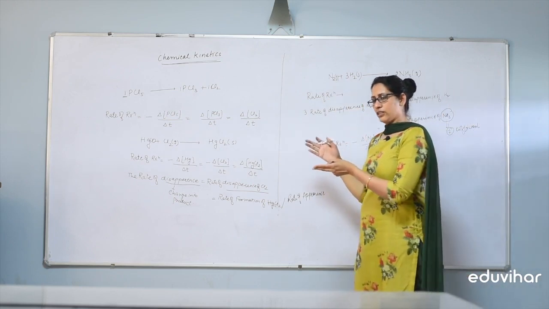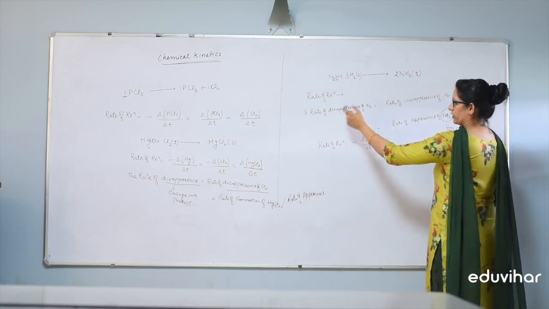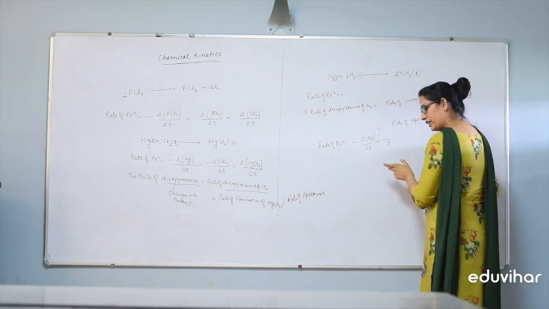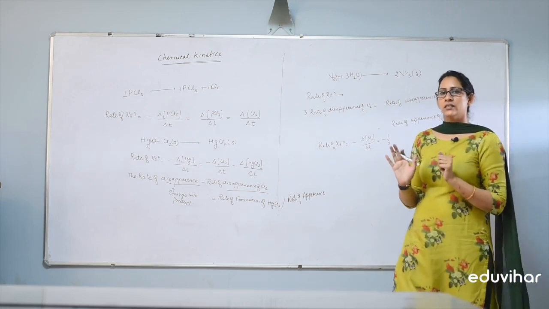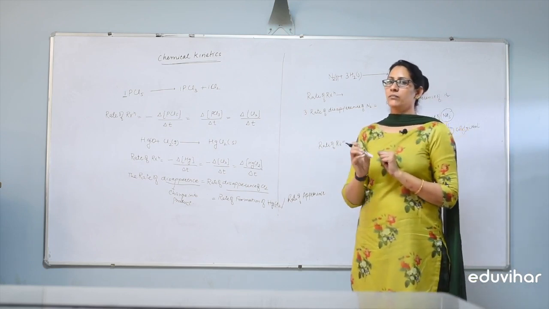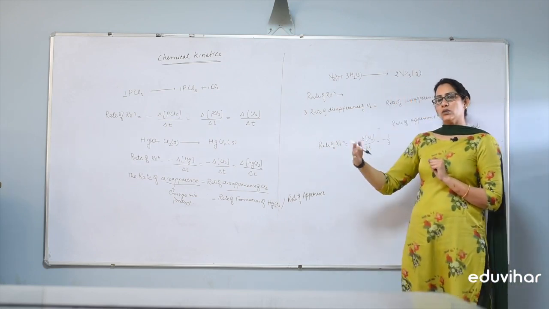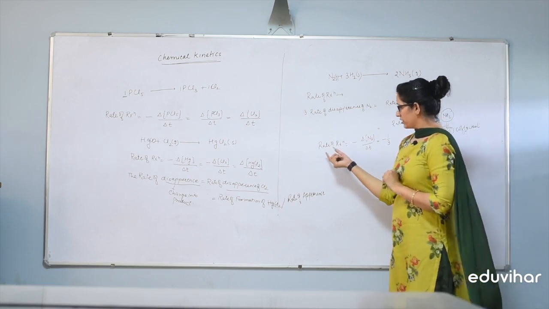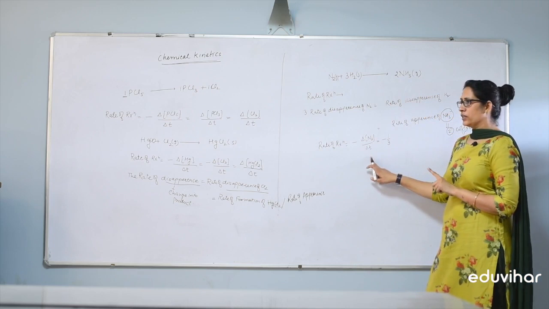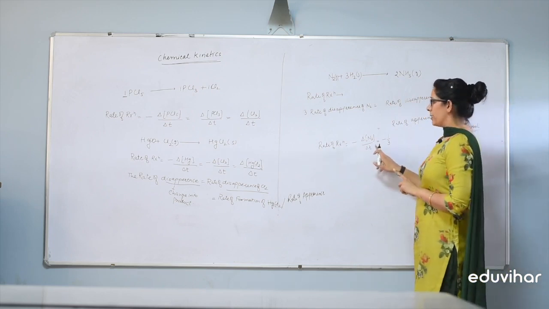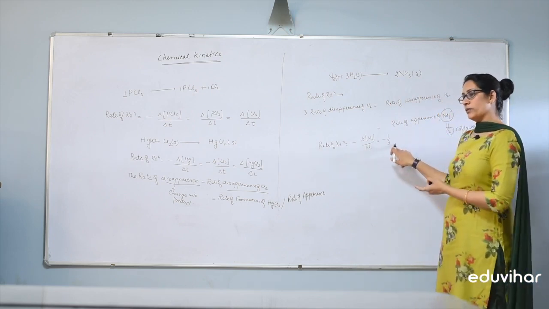And we studied a little while ago that the rate of reaction in terms of every reactant or in terms of every product always remains the same. To make the rate of reaction the same, the rate of reaction is equal to negative change in concentration of N2 with respect to time times 1 by 3.